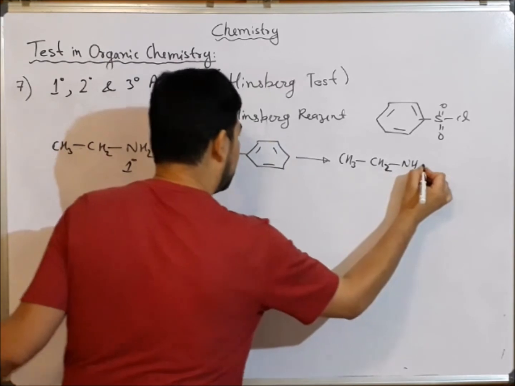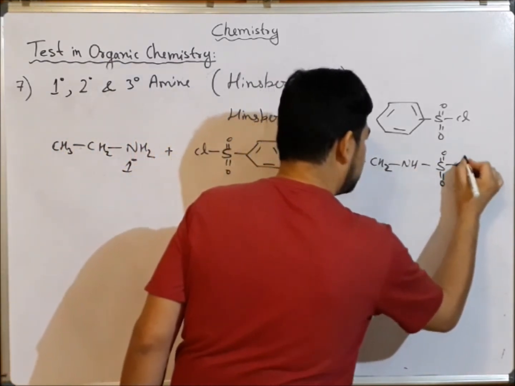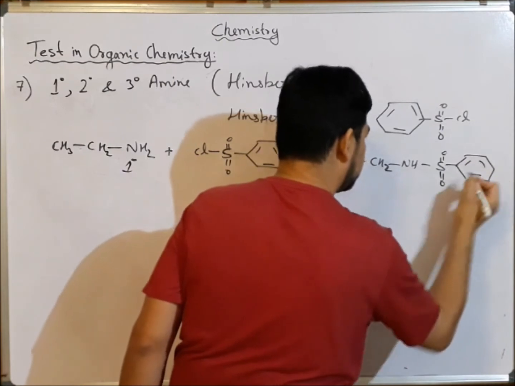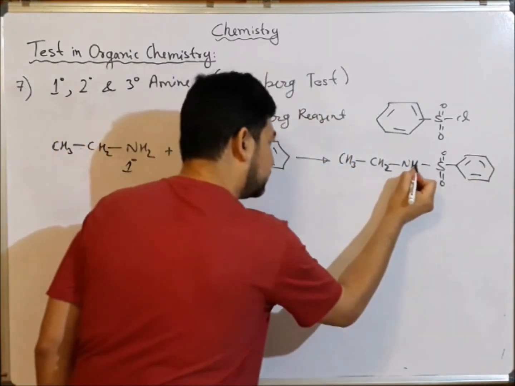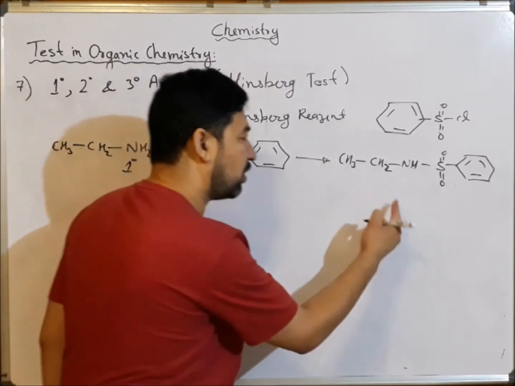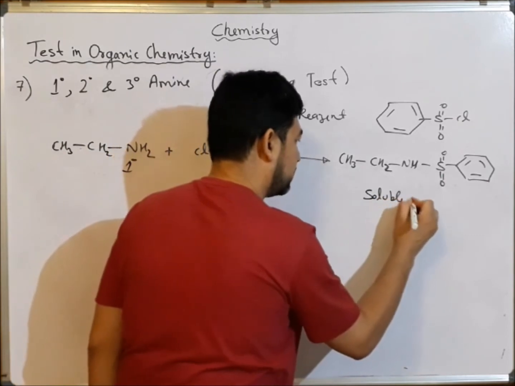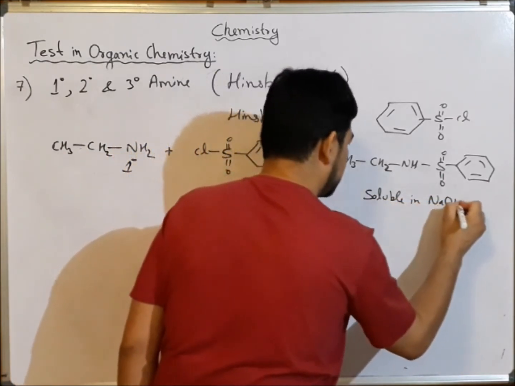The product is NH and here is S double bond O and the benzene ring. Due to this H, which is acidic, it is soluble in NaOH.